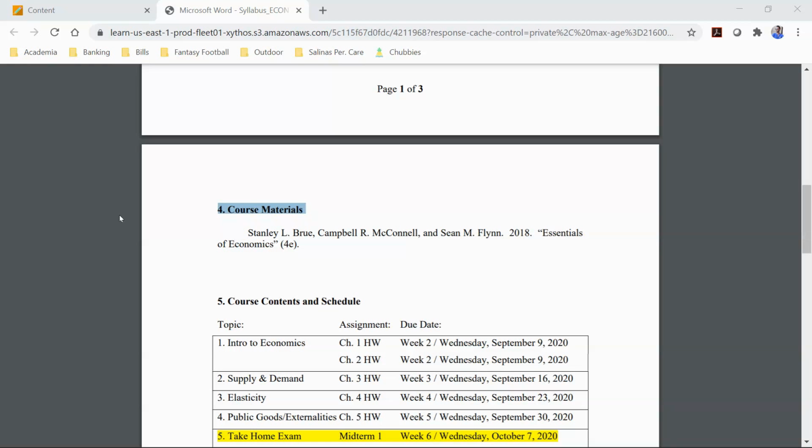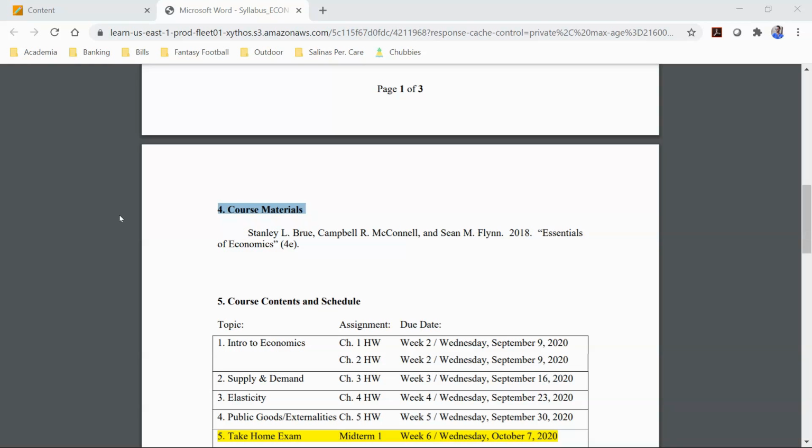I've seen students do well without the textbook in this course, but it certainly cannot hurt if you have it. If you want more information on all the topics and want to read along as we go through the chapters, then I'd recommend getting the textbook, but it's not 100% absolutely required to do well in this course.